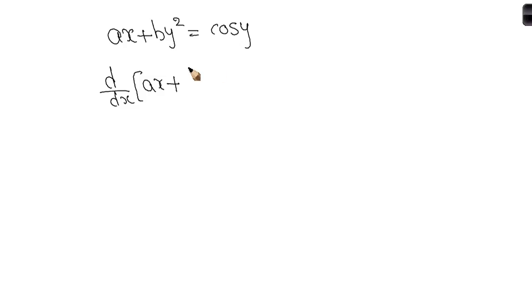Find that if ax plus by square is equal to cos y, find the derivative of this function. So d by dx of ax plus by square is equal to d by dx of cos y.